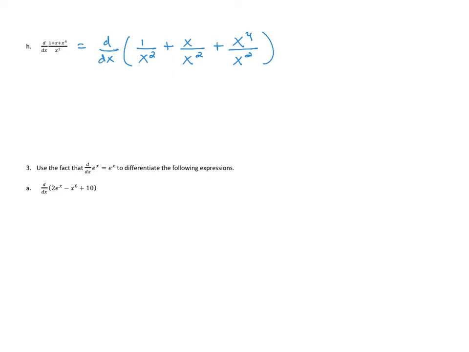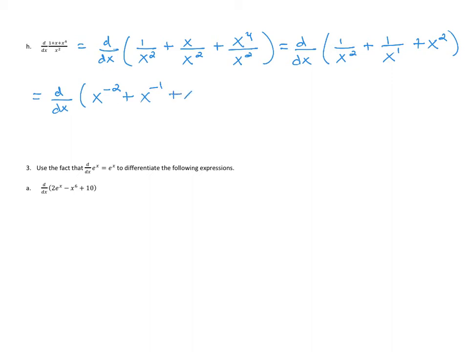Of course, you can rewrite this. This is really the derivative of 1 over x squared, and x over x squared is 1 over x, and x to the 4th over x squared is x squared. I think writing these so they're not fractions would be a good idea. So this is the derivative of x to the negative 2 plus x to the negative 1 plus x squared.